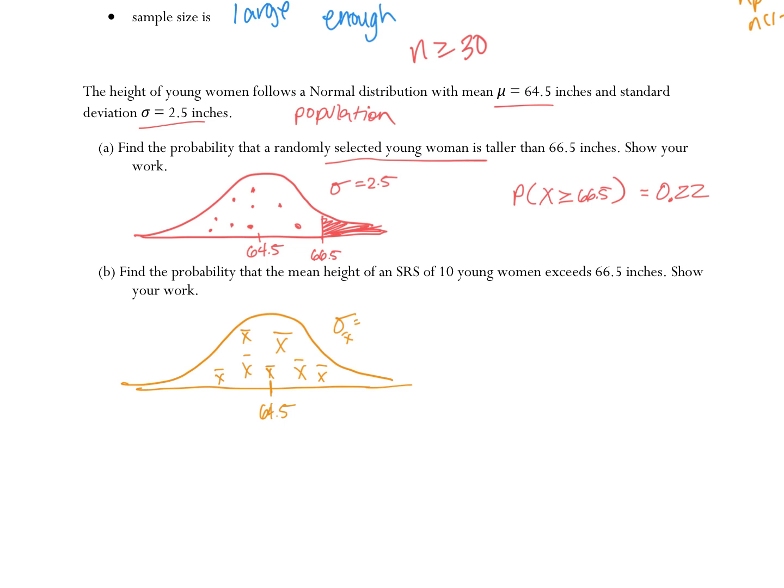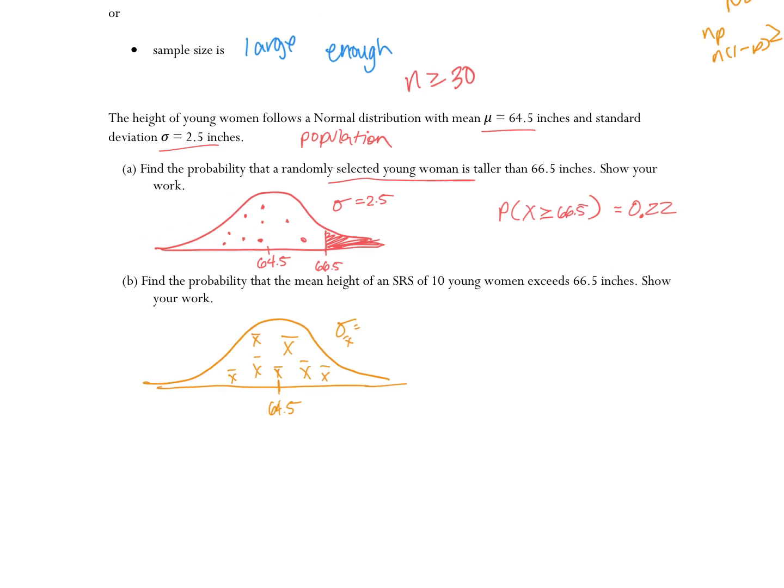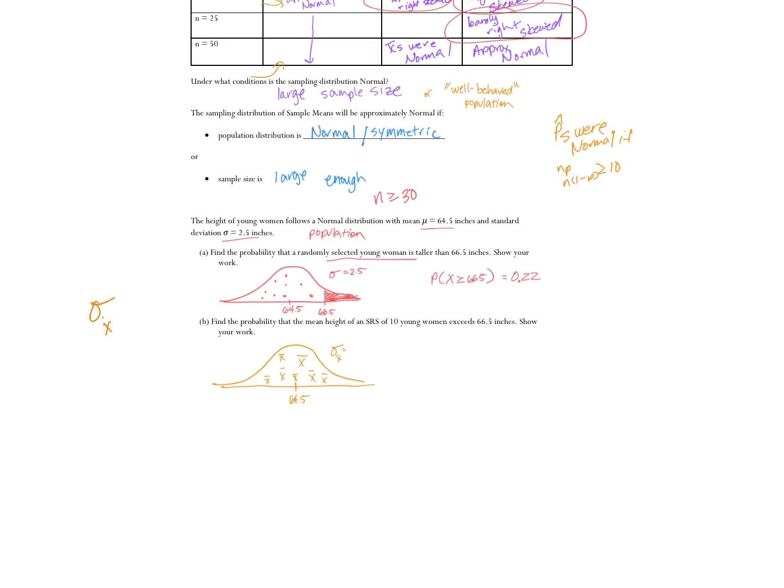How is that going to change? How do we find the standard deviation? It's the original population standard deviation, so 2.5, divided by the square root of 10.